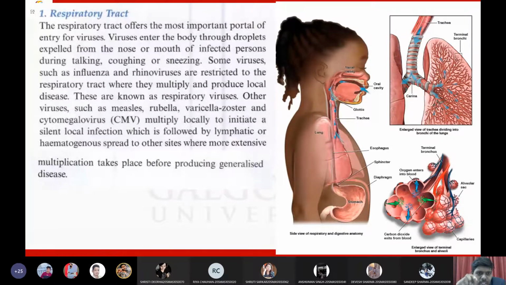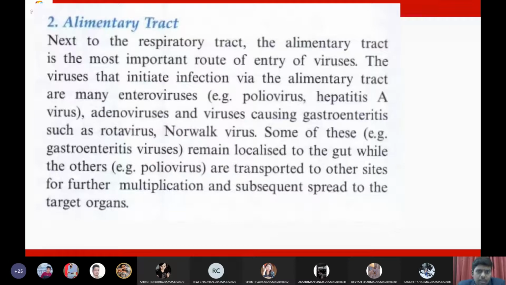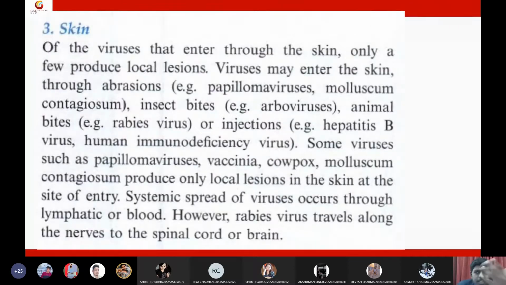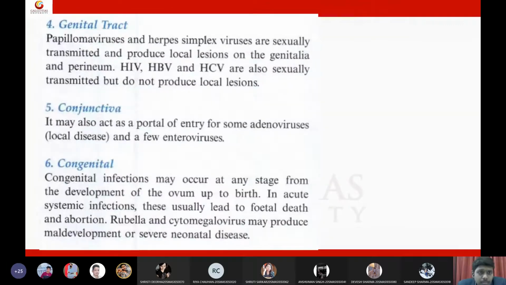At least you should be able to tell one viral example for each. Okay, like coronavirus or influenza virus for the respiratory tract. Okay, then alimentary tract, poliovirus, best example. Skin, smallpox, genital, HIV and HBV, hepatitis B virus, conjunctiva, a few enteroviruses.